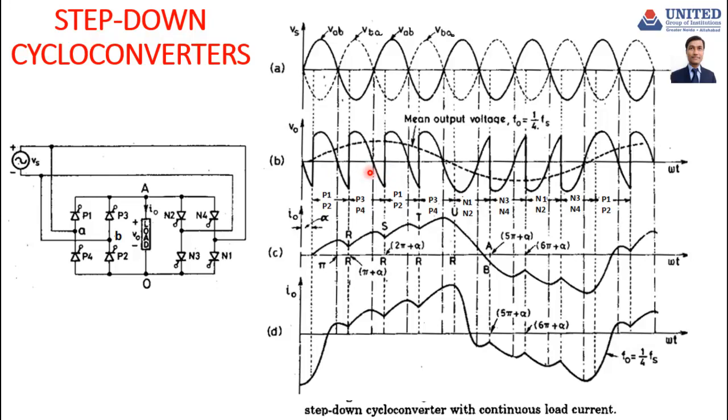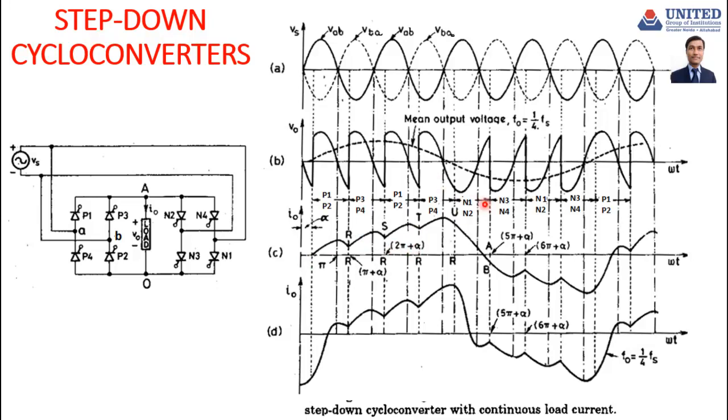Since P1, P2 and P3, P4 conduct for 180 degree duration, meaning pi duration, the load current is continuous. So P1, P2 and P3, P4 are sequentially turned on, and each thyristor conducts for 180 degree duration for 4 positive half cycles of load voltage and load current.